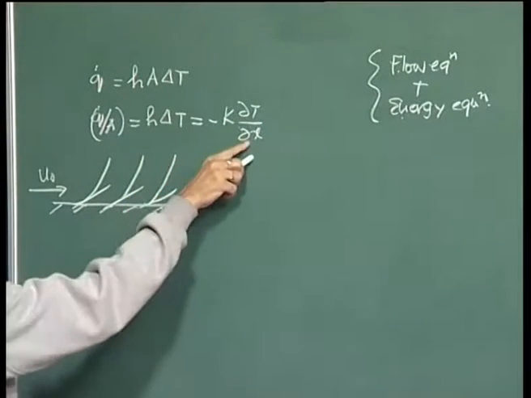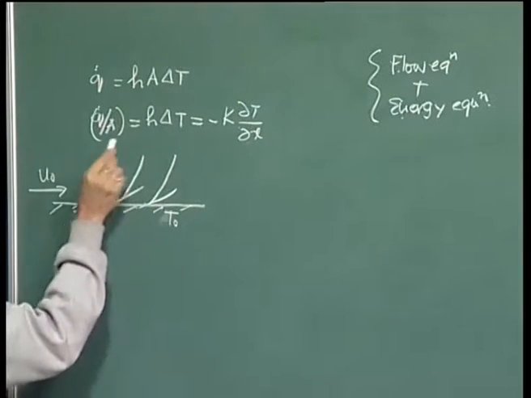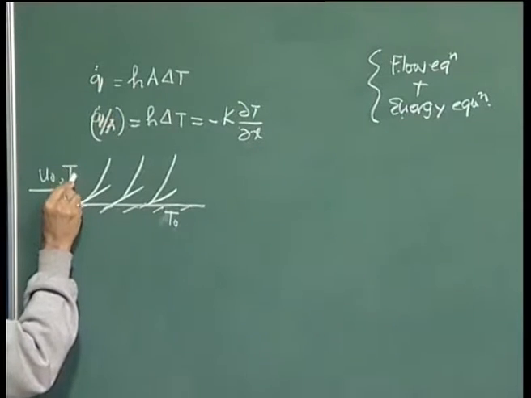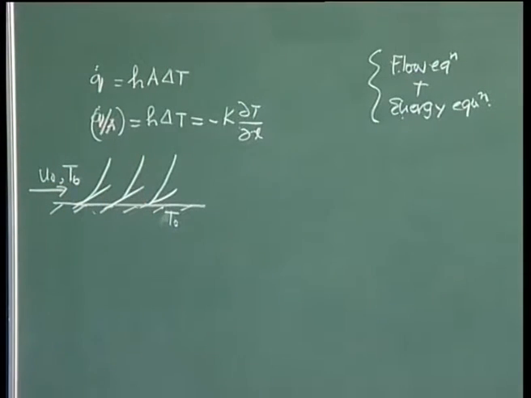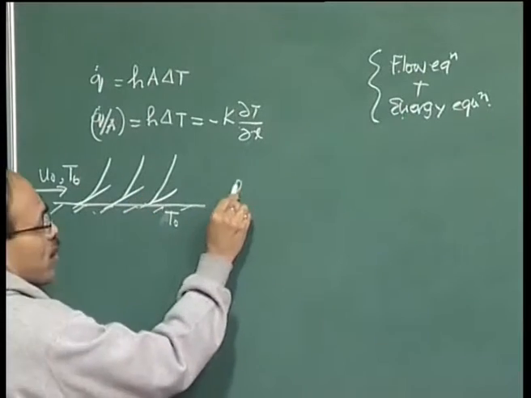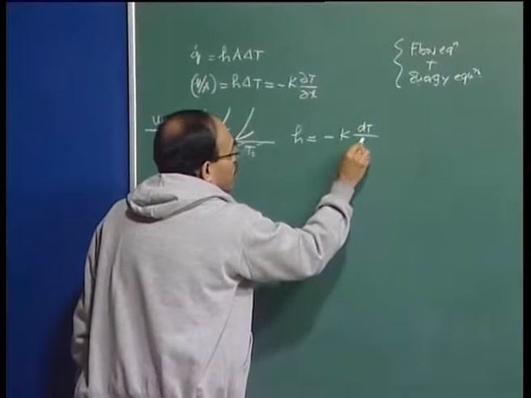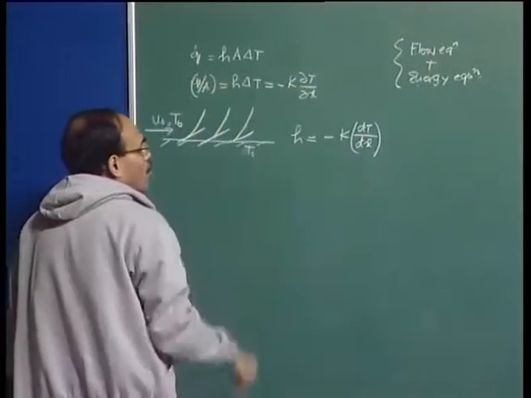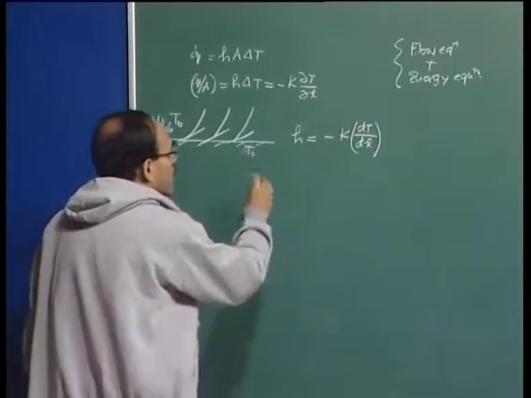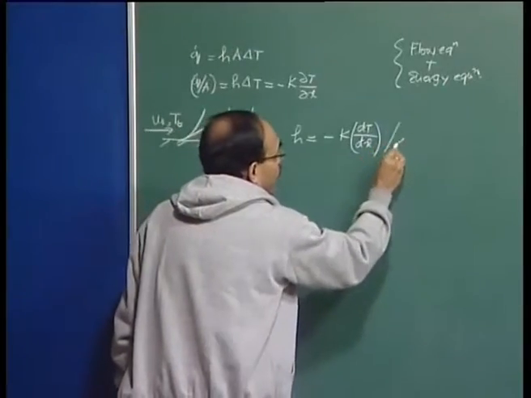And once you know the slope of the line, knowing the differential temperature, what is the plate temperature here, and the bulk temperature which is T sub B, you know the driving force, you should be able to calculate the heat transfer coefficient. So, the heat transfer coefficient will come out to be minus K, say I write it in terms of partial or ordinary derivative, it does not matter here in this case. The concept does not change, and then you divide by delta T.